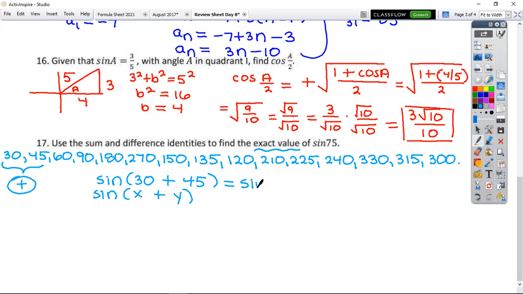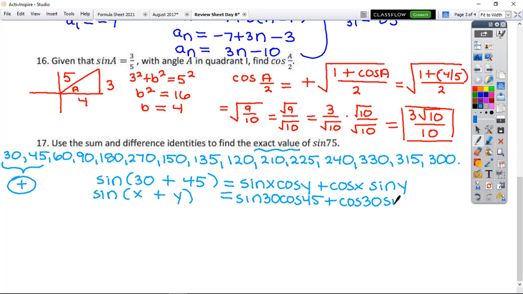So we're going to go sine x cos y, and take your time copying these 2. We see a lot of student errors with copying formulas incorrectly. And then plus cos x sine y, because they all look alike. So in our case, this is equal to the sine of 30, the cos of 45, plus the cos of 30 and the sine of 45.